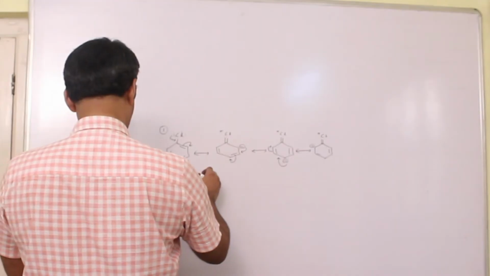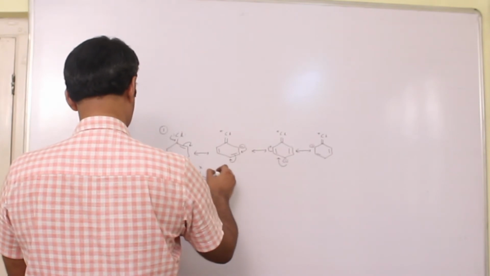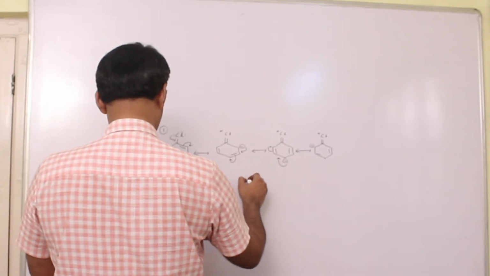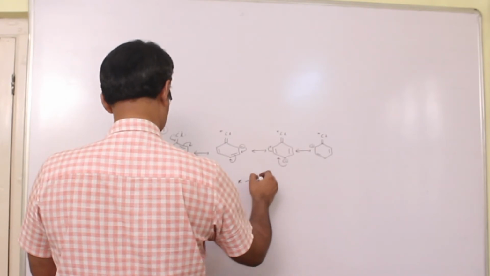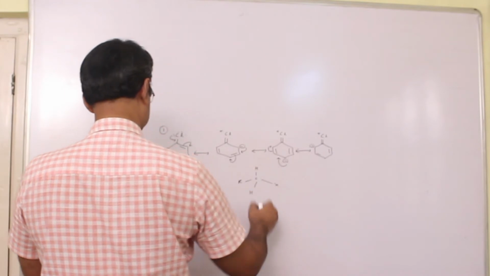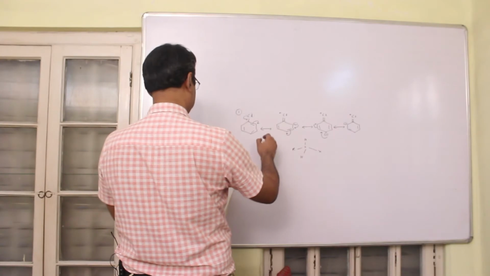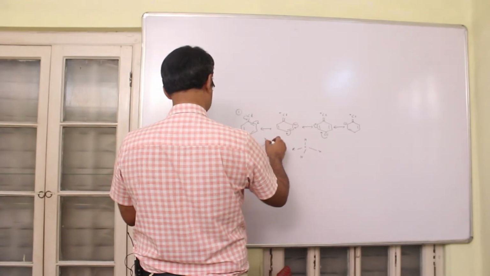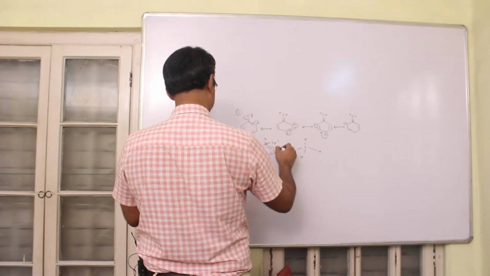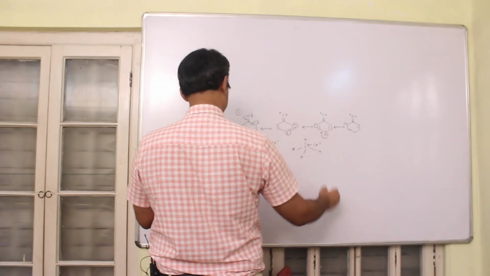The second one is that suppose this is a haloarene, you can see that this carbon is sp2 hybridized, whereas this carbon is sp3 hybridized.